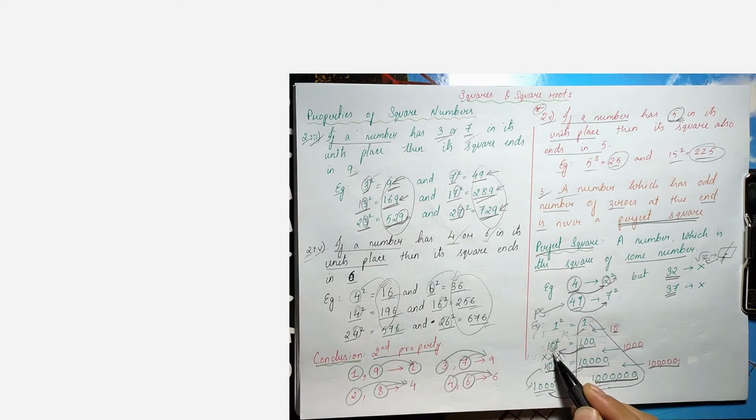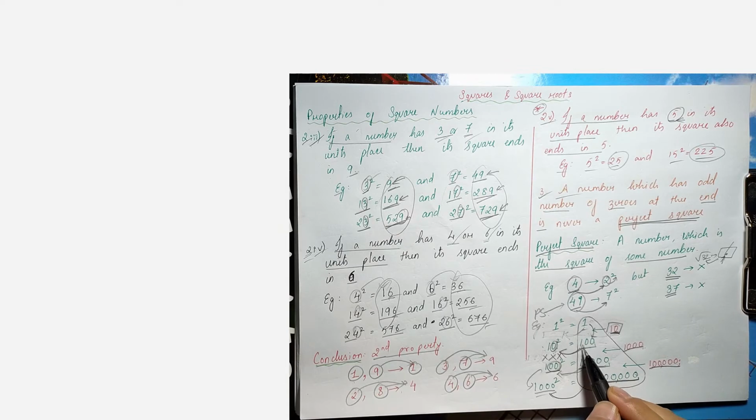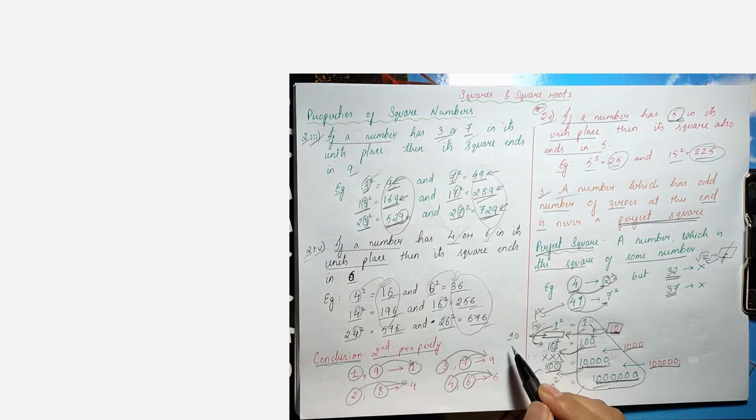And in this case, between 1 and 100 we have 10. Since this 10 lies between 1 and 100, the square root of 10, or the number whose square is 10, will lie in between here. But between 1 and 10 we don't have any number of this kind, 1 followed by 0, because this is 10, and if you remove the zero, it becomes 1. Please understand this concept.